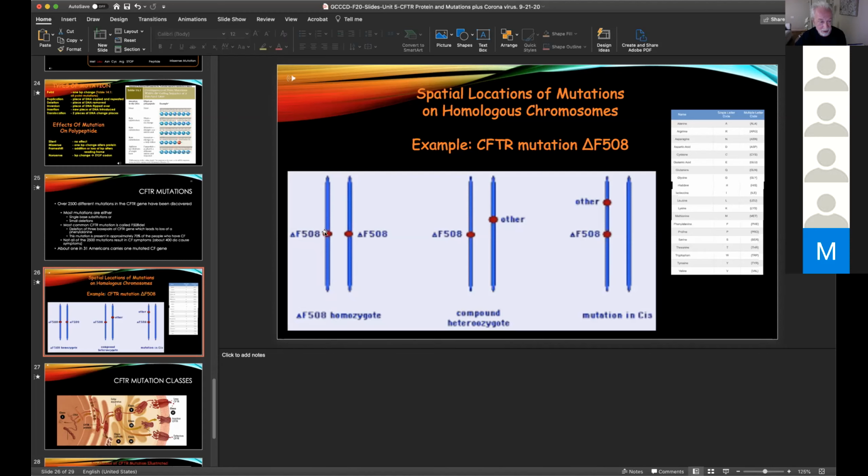It's the same mutation in both chromosomes, so that is a deletion F508 homozygote. It doesn't have to be that way. You could have one CFTR mutation on one chromosome and a different mutation on the other chromosome, and you've got cystic fibrosis. Or both mutations could be on the same chromosome.